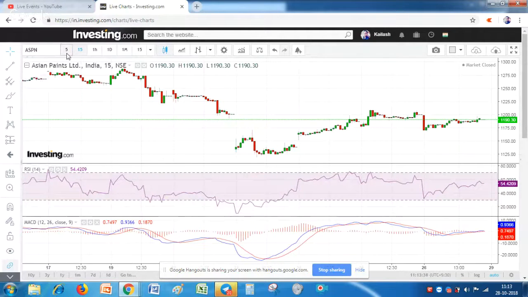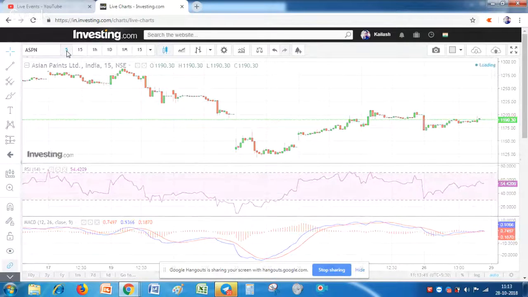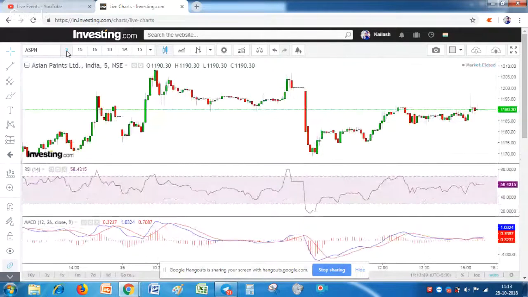For intraday, I will check the 5 minutes time frame. Friends, if you have any suggestion, you can suggest any stock. If you want to study, you can suggest some stocks also. I have just opened Asian Paints randomly, but if anybody wants any stock to be discussed, please type here.